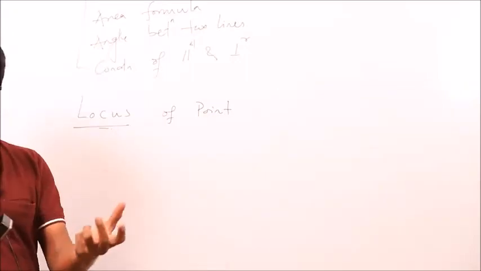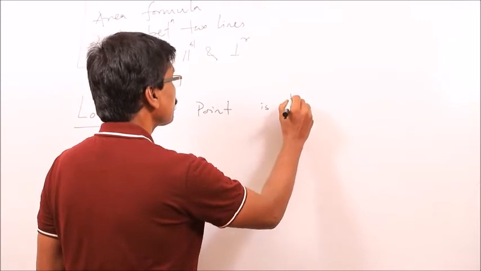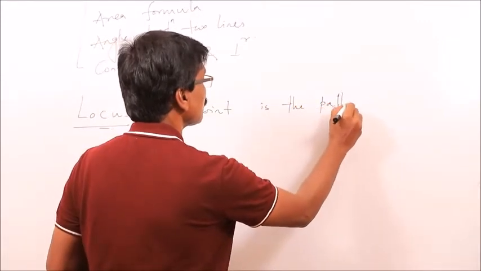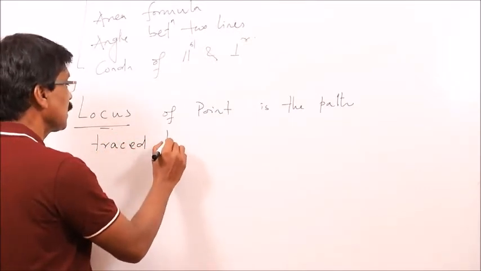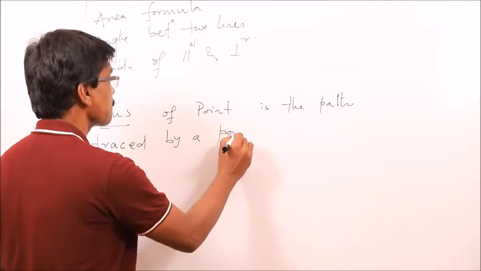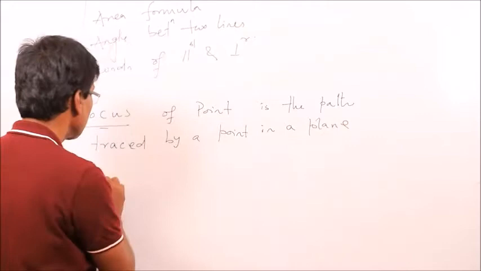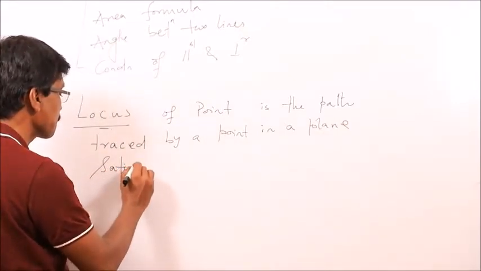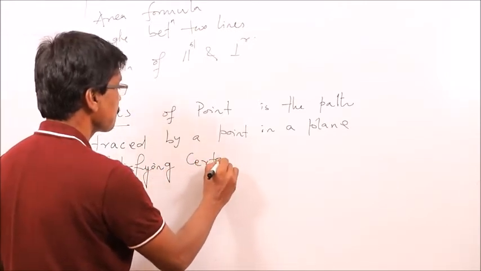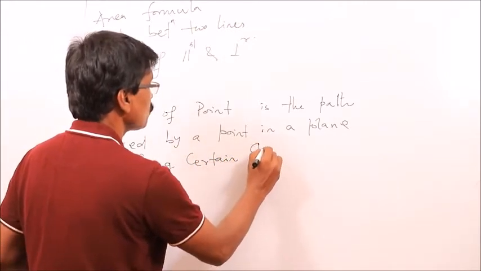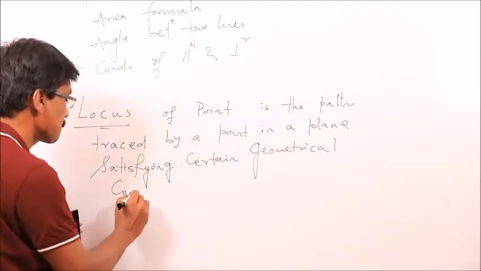The locus of a point is the path traced by a point in a plane satisfying certain geometrical conditions.